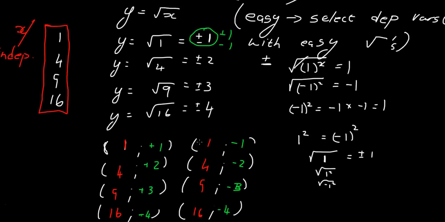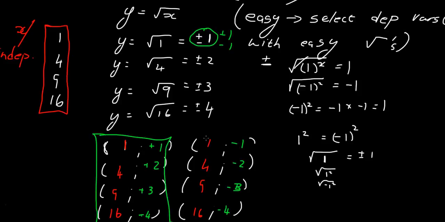So you need to be very careful of that. The calculator will only give you this set of ordered pairs, but it won't give you this set. So be careful. Sometimes the calculator is not always 100% right. It only gives you a half answer.